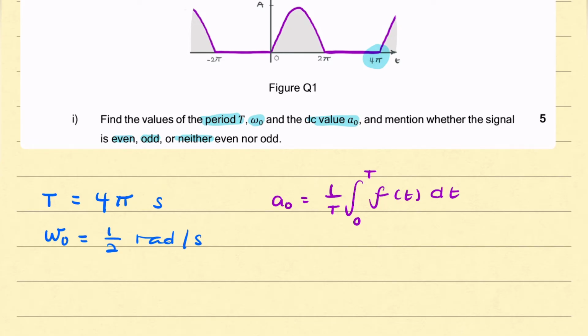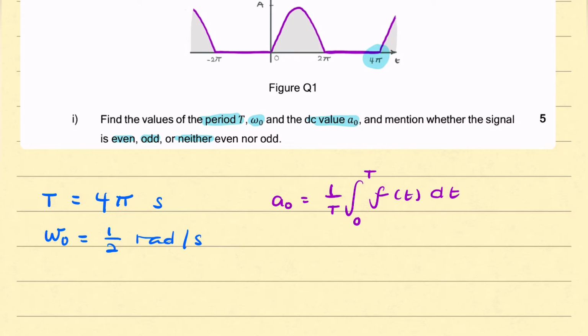So we've found T, so that's good. We haven't yet found f of t. So f of t looks like it's a sine wave, but it's only a sine wave from 0 to 2 pi. It's not a sine wave from 2 pi to 4 pi.